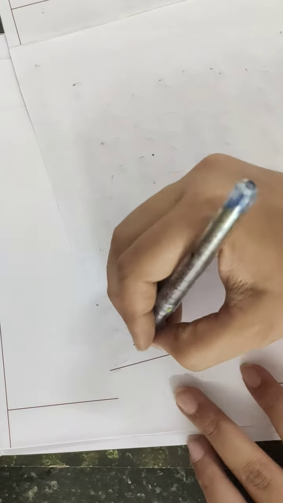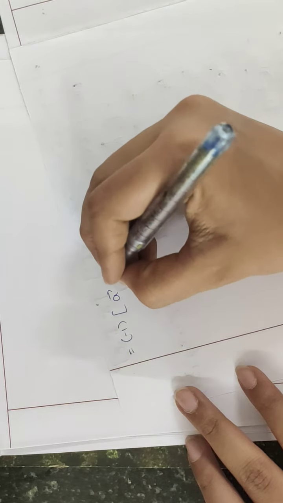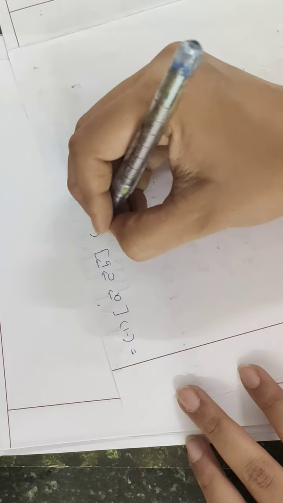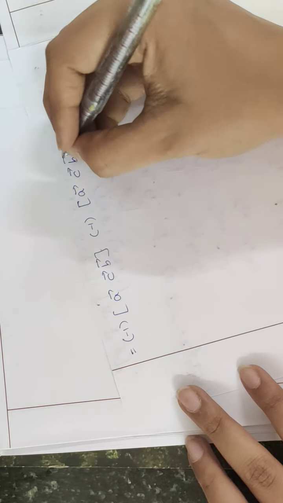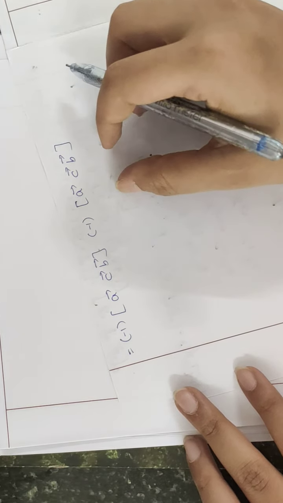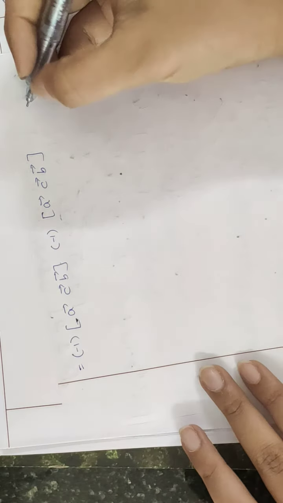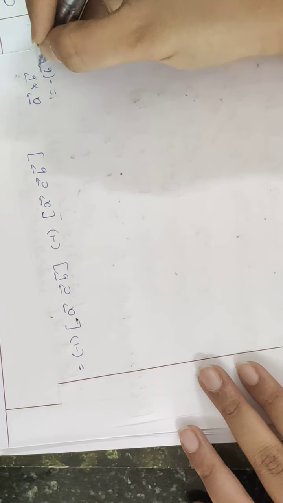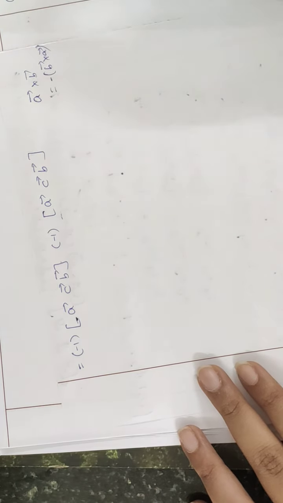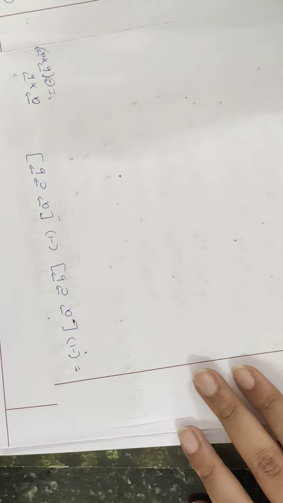I will rewrite this as minus 1 into [a, c, b] minus 1 into [a, c, b]. Since we are interchanging the terms, I have multiplied by minus 1 because we know that vector a cross b is equal to minus of vector b cross a, right? So we are interchanging means I have to multiply by this minus.